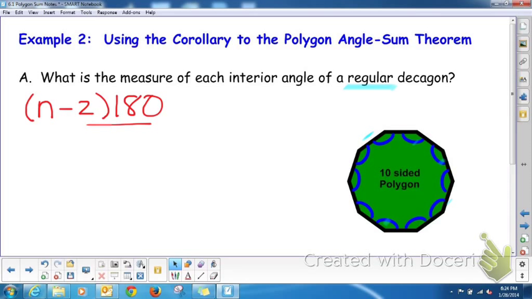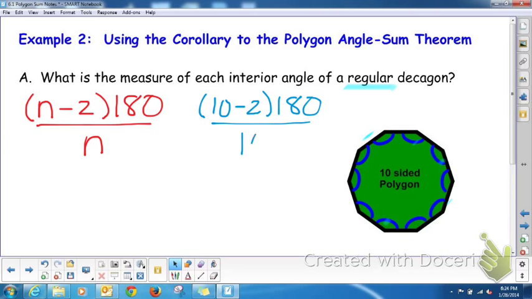And then we need to divide by the number of sides in order to find how many degrees each angle is. So, if we substitute in these values, 10 minus 2 times 180 divided by 10.